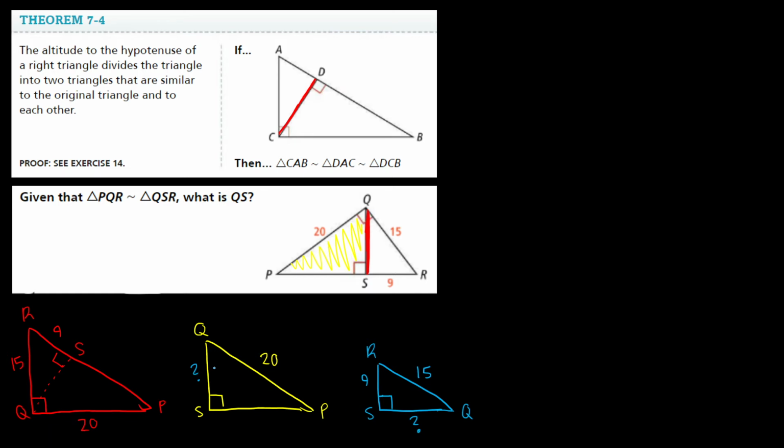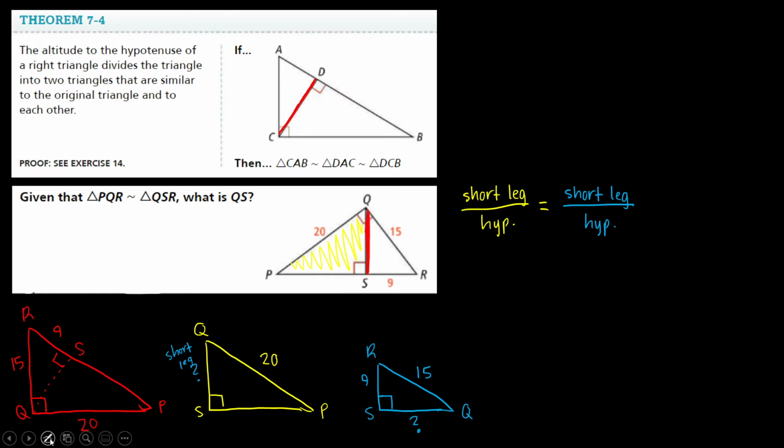And I think since I am missing the short leg in my yellow triangle, and I have the short leg in my smallest triangle, I'm going to set up a proportion with those lengths. So in the yellow triangle, the ratio of the short leg to the hypotenuse is going to be equal to the ratio of the short leg to the hypotenuse in my smallest triangle.